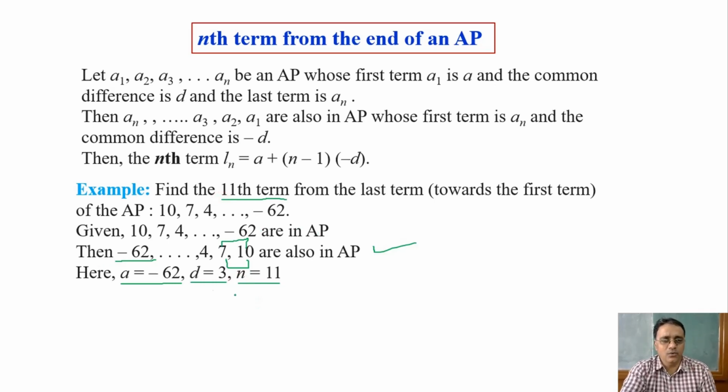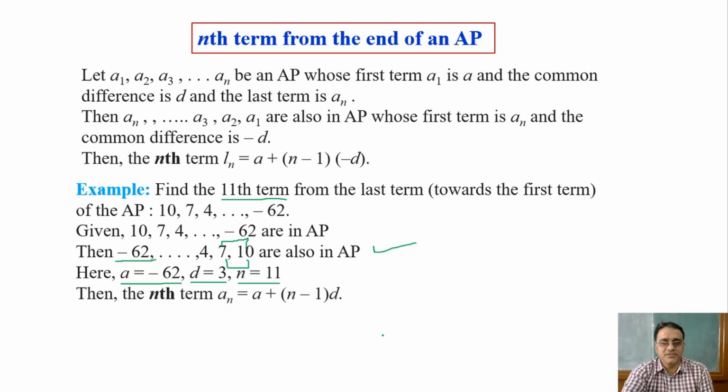Okay. Now AN, what is the formula of AN? A plus n minus 1 into D. Right. So what is A11? A11 will be, using the formula, A plus 10D.